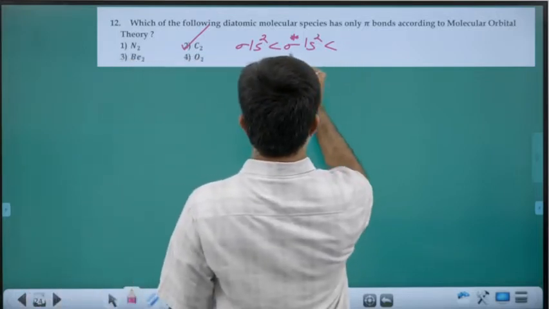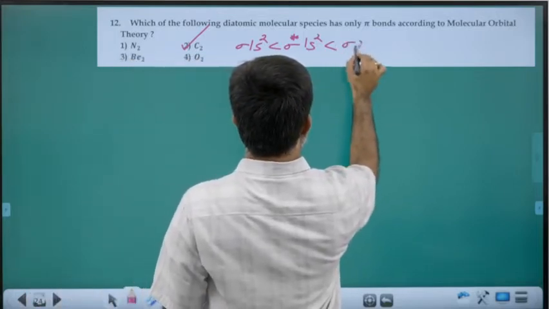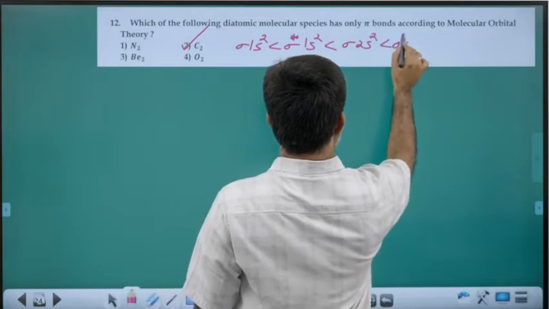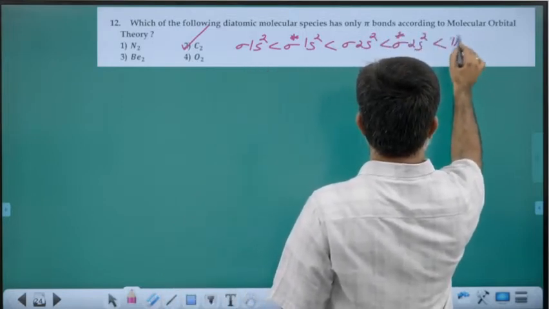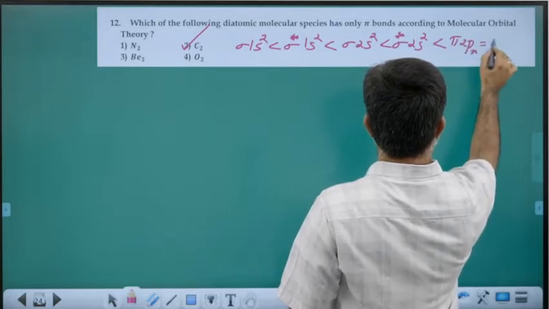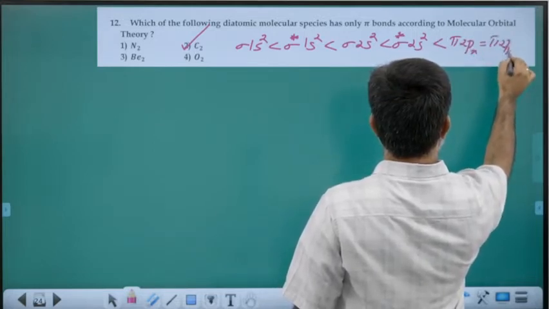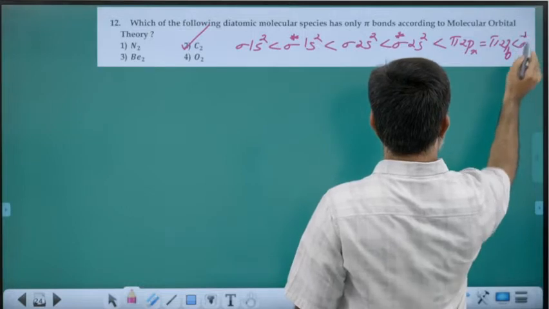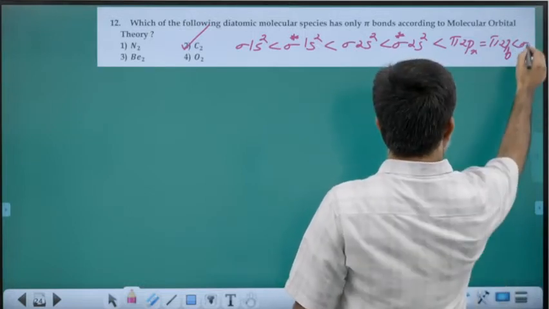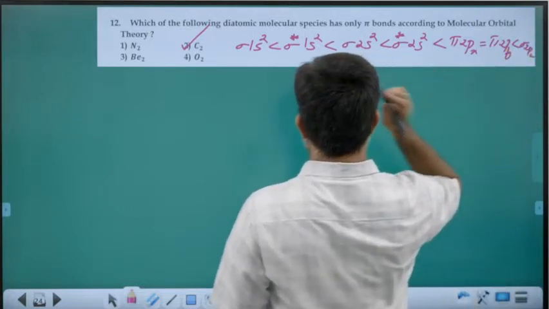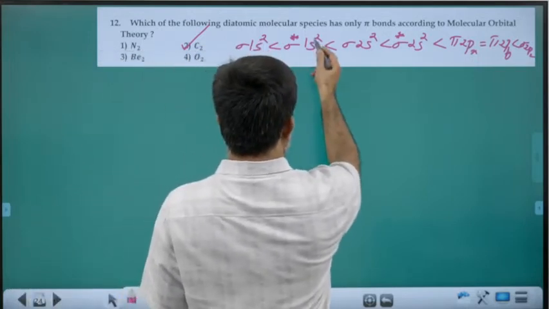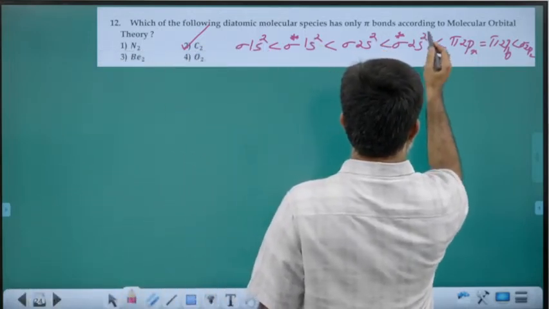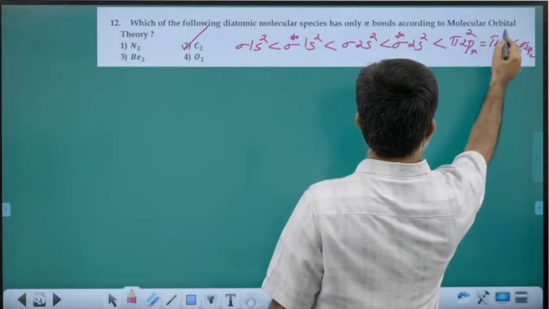So it will be sigma 2s2, sigma star 2s2, pi 2px, pi 2py and sigma 2pz. That is the configuration for carbon. So 12 electrons: 2, 4, 6, 8, 10, 12.